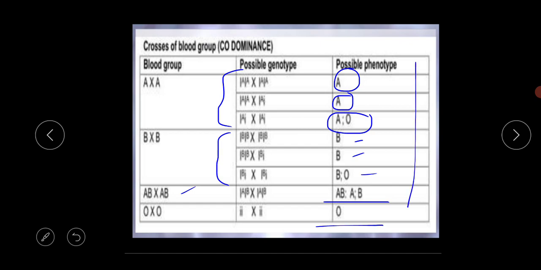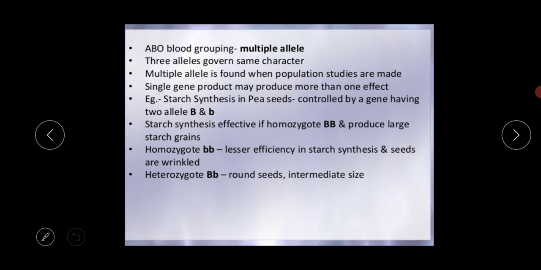It will be O. You have to remember this chart properly, because this type of question may come: if the mother's blood group is AB and the father's blood group is B, what will be the possible offspring's blood group? This type of question may come in the NEET exam and your school exams also.